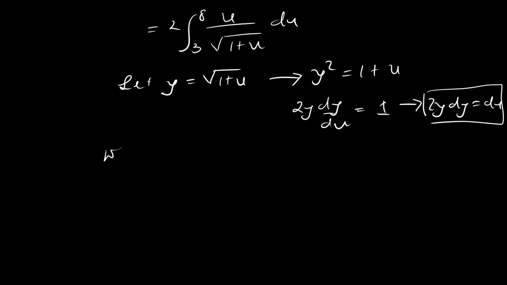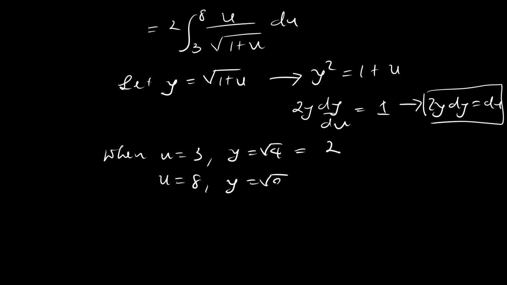And then when u equals 3, y is equal to the square root of 4, which is 2. When u equals 8, y equals the square root of 9, which is 3.